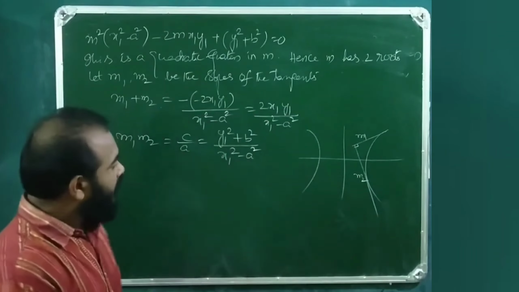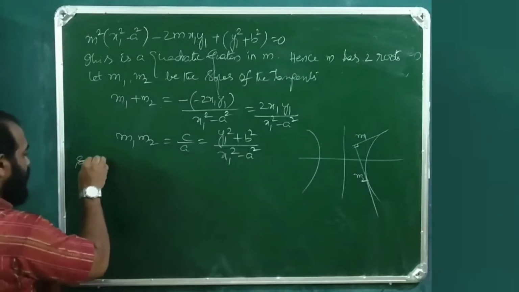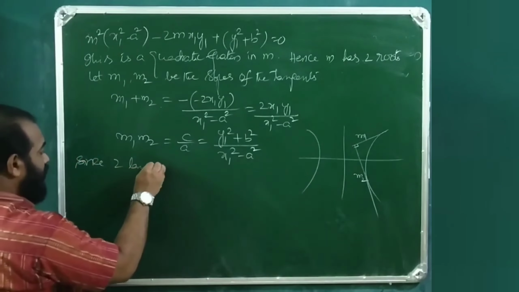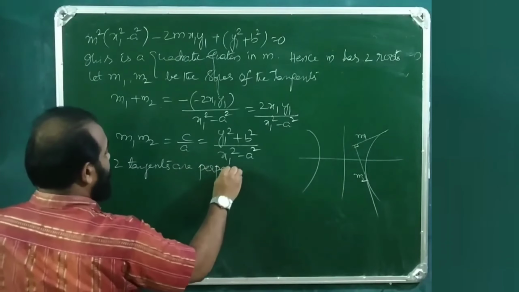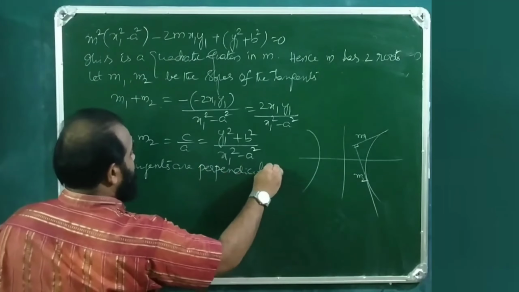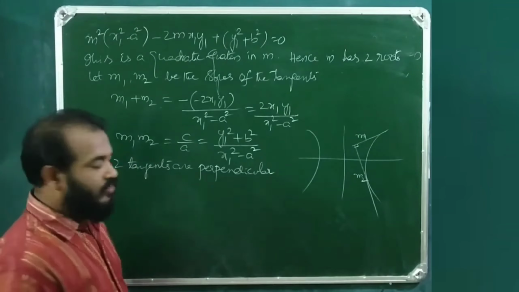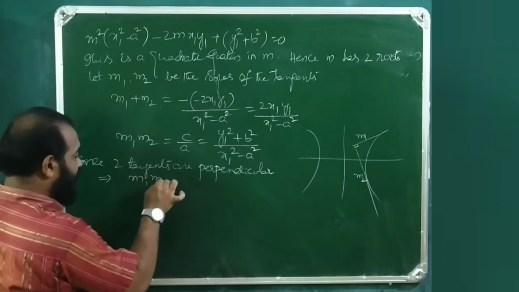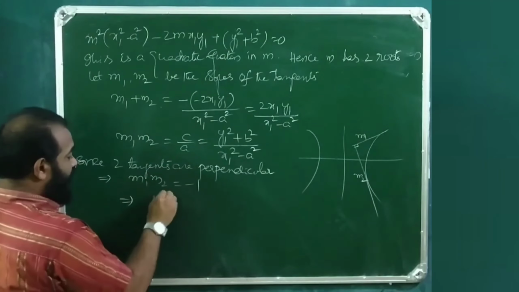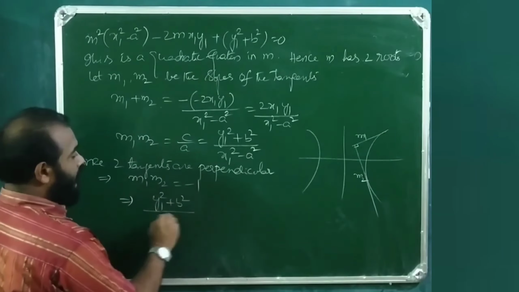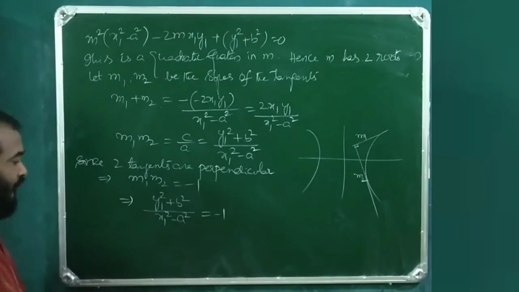Since the two tangents are perpendicular to each other, that means the product of their slopes is equal to minus 1. So m1 m2 is equal to minus 1. m1 m2 is y1 square plus b square by x1 square minus a square, which is equal to minus 1.